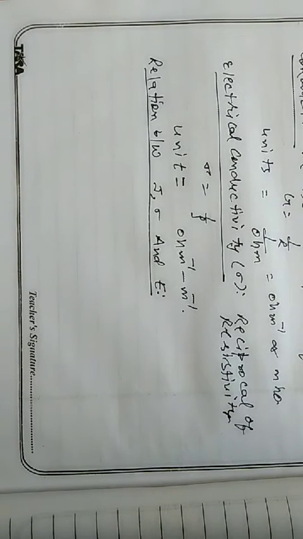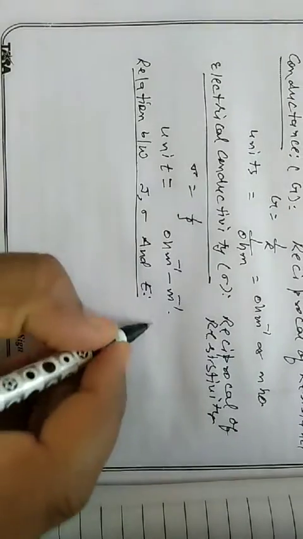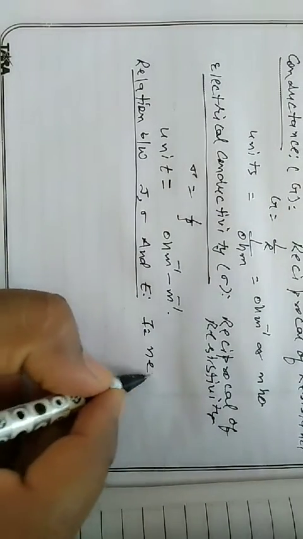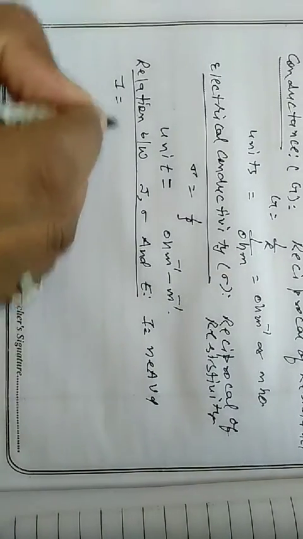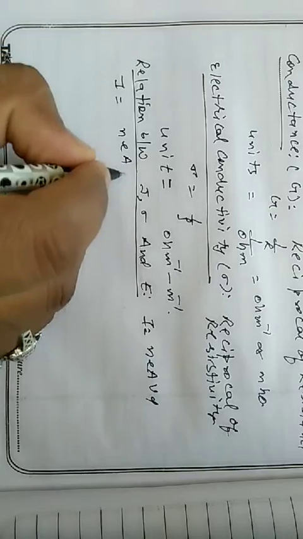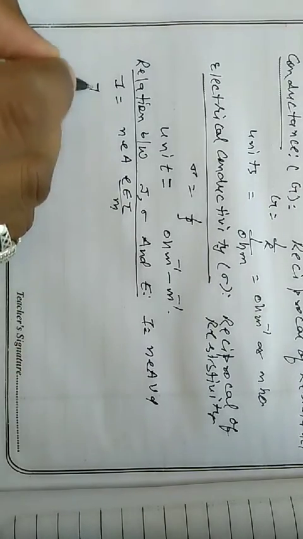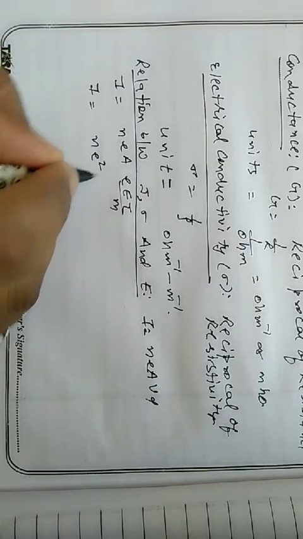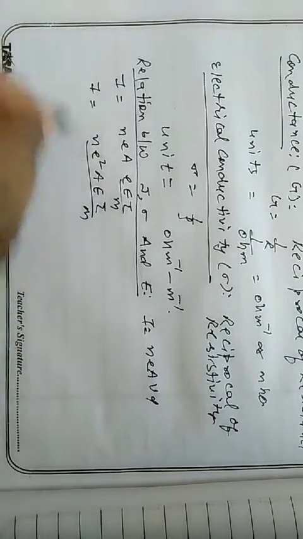Relation between J, sigma and E. J is current density, sigma is electrical conductivity, E is electric field. We know I is equal to n e A into vd. The relation for vd is e E times tau upon m. So I is equal to n e square A E tau upon m.